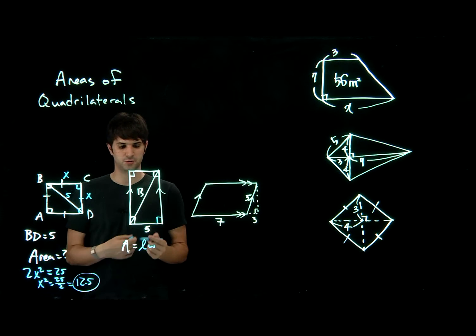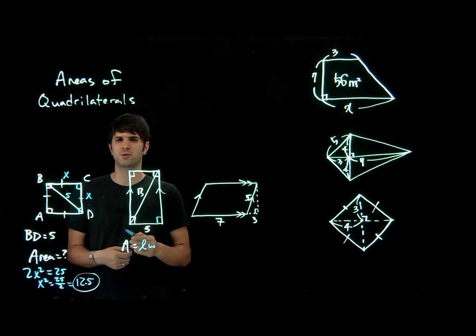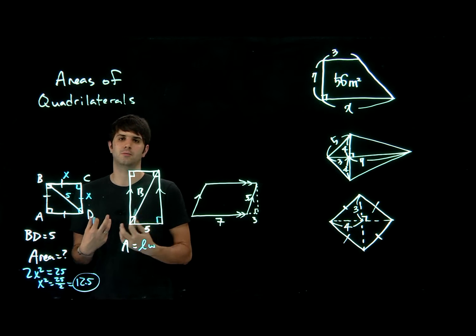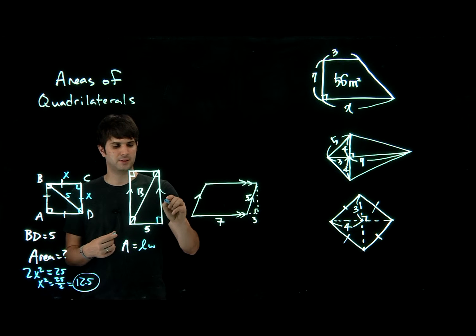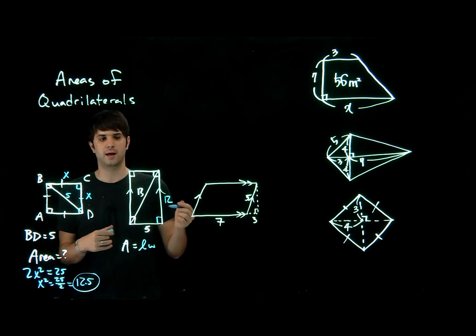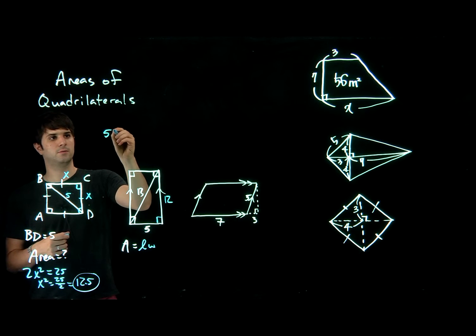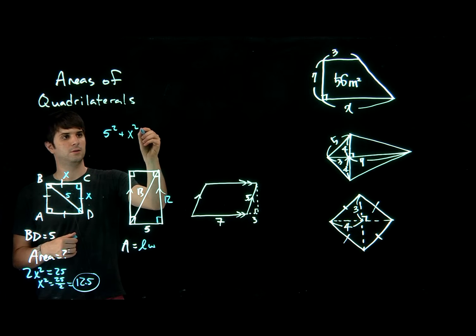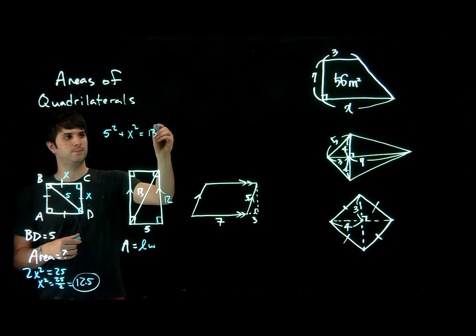So again, we can use Pythagorean theorem. Hopefully you guys know that this is a special triangle. By now you should hopefully see patterns developing. This is actually going to be 12. Okay, and so let me just do that out for you. You have 5 squared plus, we don't know what this is, x squared equals 13 squared.